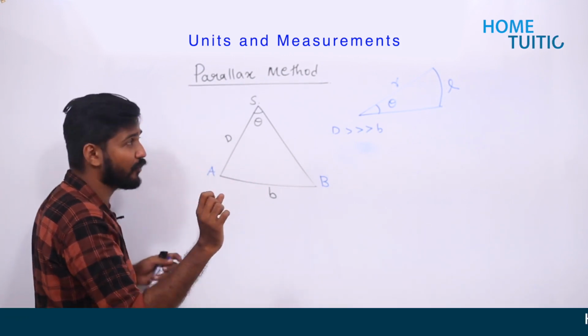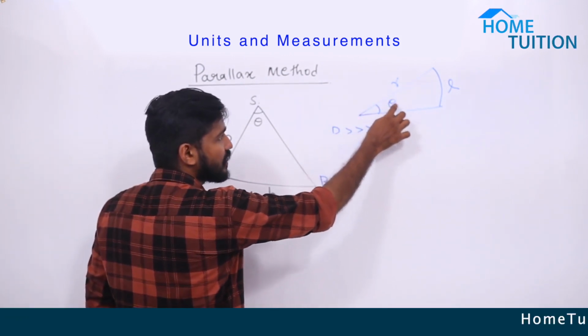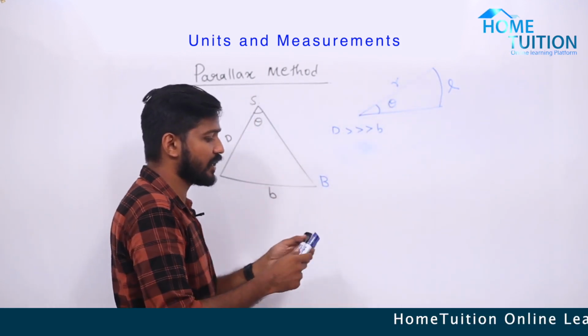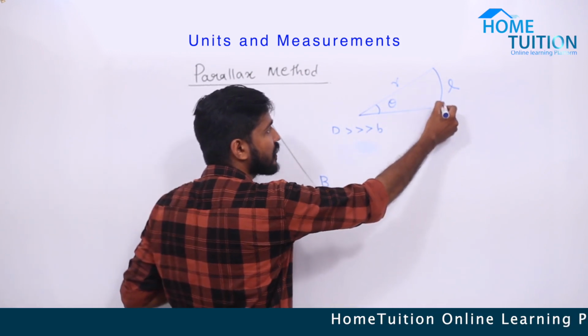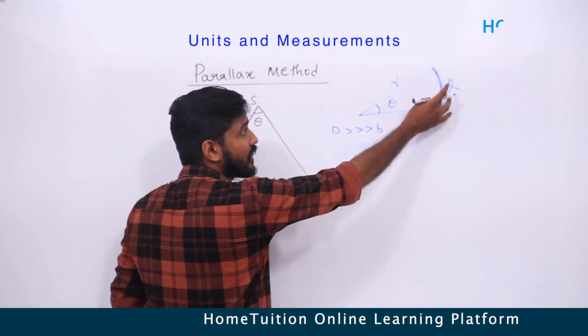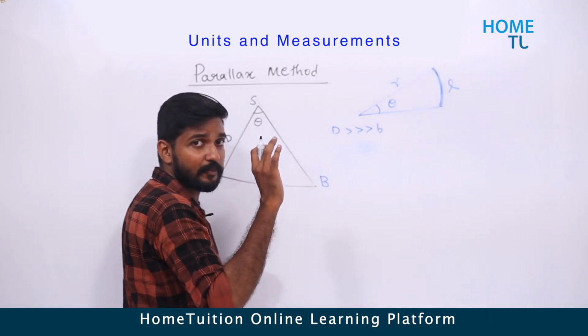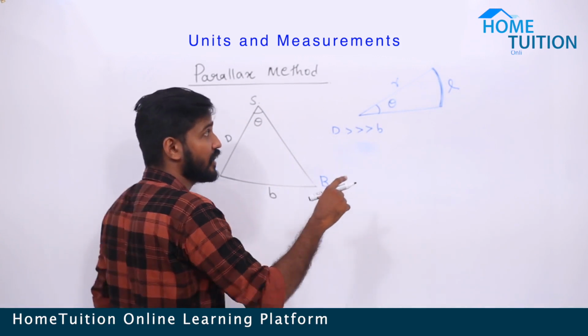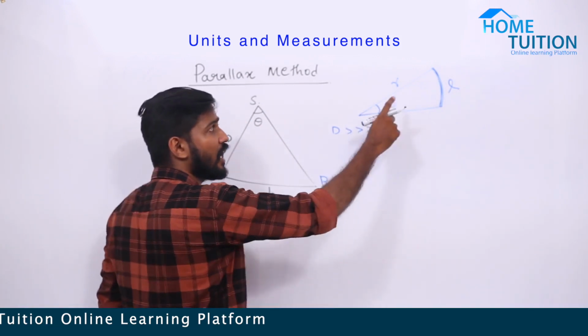I have told you before, this is an example of an arc. L is an arc of length L, subtending an angle theta at the center, and R is the radius.